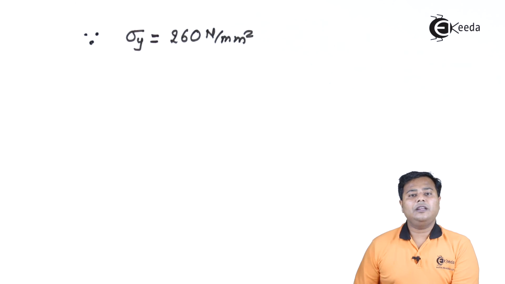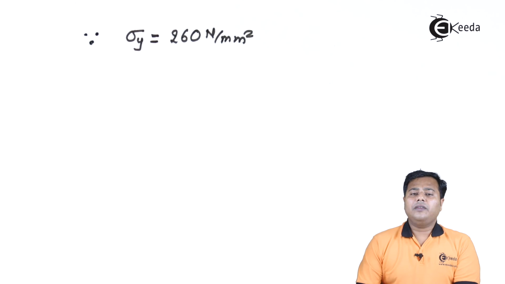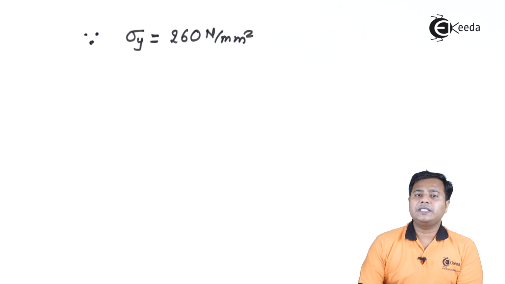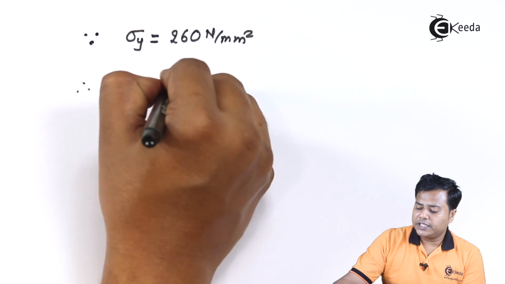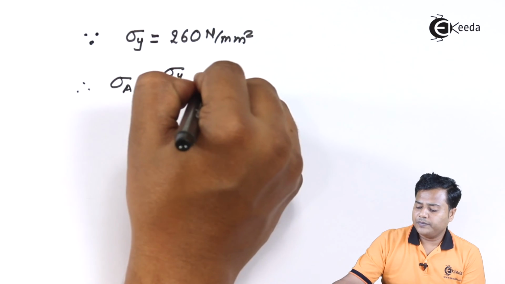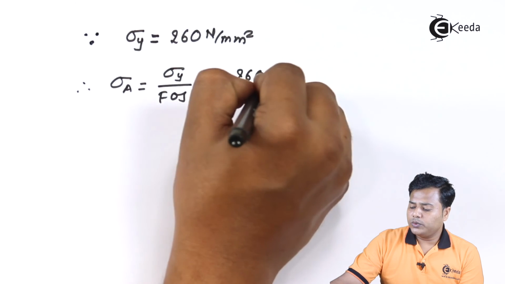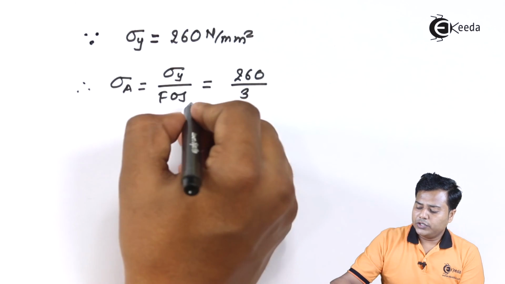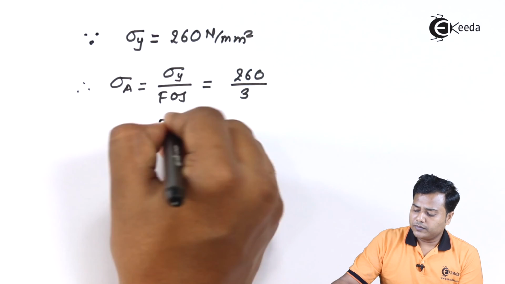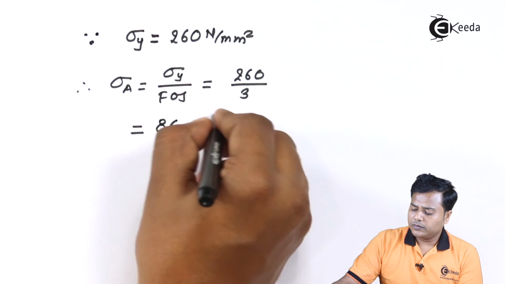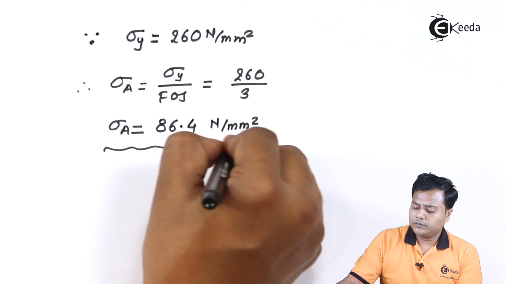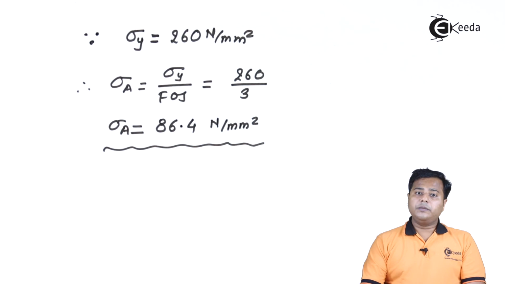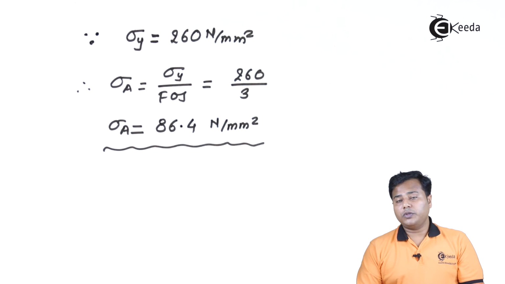Guys, we know that steel is a ductile material, and for ductile material we consider the yield stress as the basis of safety, and that's why the allowable value of stress will be sigma y divided by FOS. It is equal to 260 divided by 3, so the value comes out to be 86.4. So the sigma allowable in our case is 86.4.